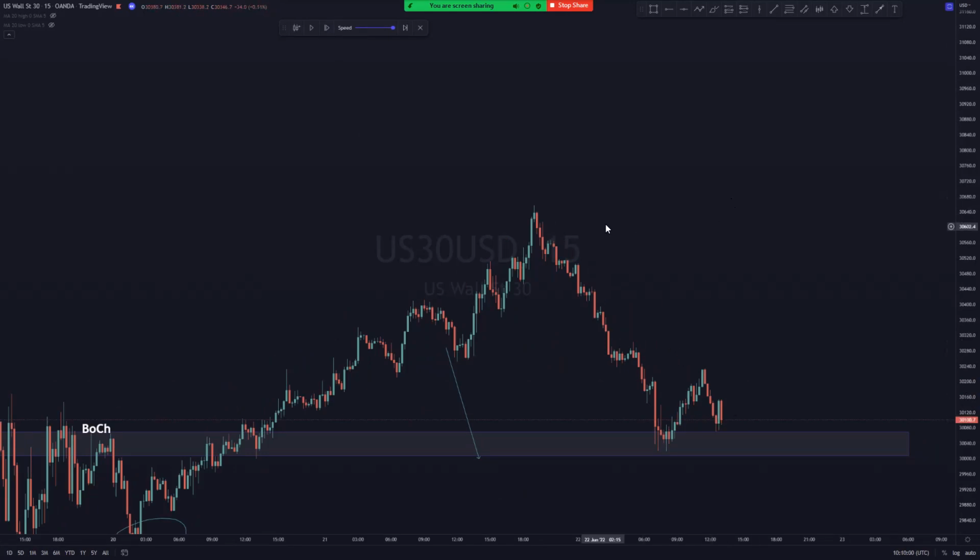Then we got an engulfing candle on small time frame. So we are going to buy here, stop loss below this area of interest, like 160 ticks.